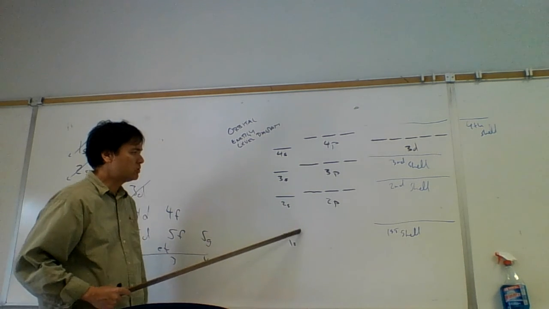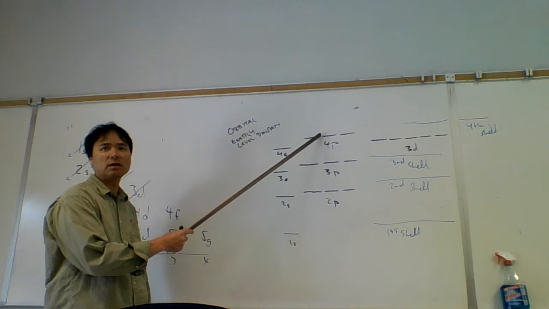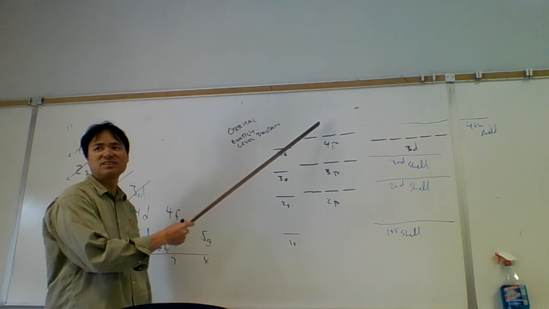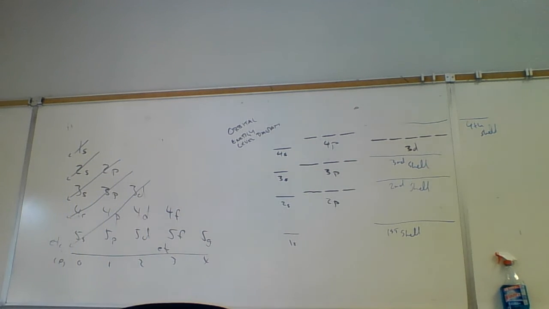In this diagram, you should be able to draw all the way up to 4p, all the way up to the fourth shell. Like the fifth shell is okay. Fifth shell is going to, let's see if we have the fifth shell here. Do we have the fifth shell here? No, we don't have the fifth shell here. And so what I'm going to do is, let's do a little search. I need to be a little bit more specific here.